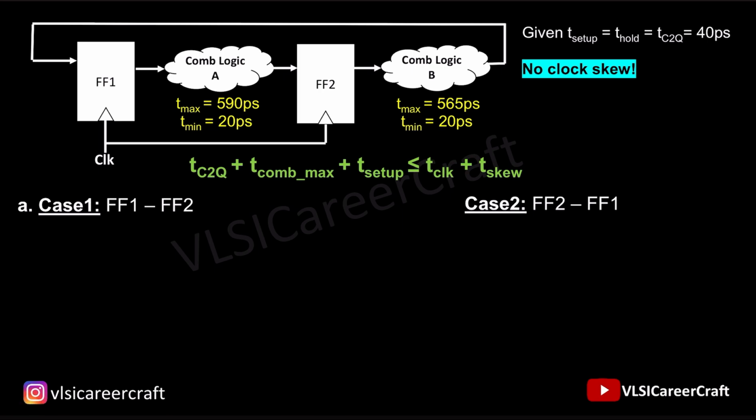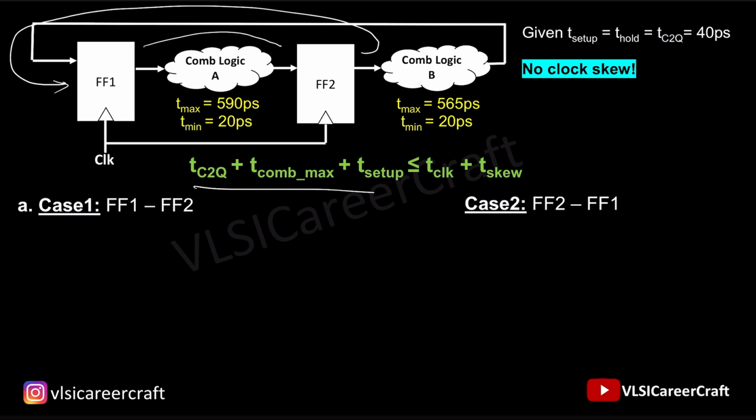So here there are two cases. Case 1 is this and case 2 is this part. There is an equation where we calculate the minimum clock period T clock. So let's substitute the values.